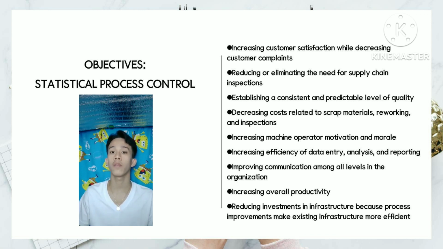Next is improving communications among all levels in organizations. Second to the last is increasing overall productivity, and last is reducing investments in infrastructure because process improvements make existing infrastructure more efficient.